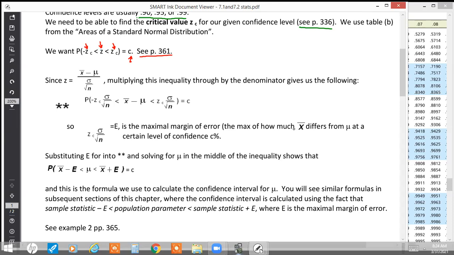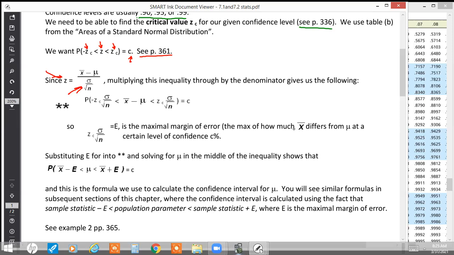Back in chapter 6, we standardized X bar values. X bar from a sample mean, right? We saw that for a sample mean, to convert X bar to a Z value, it's X bar minus mu divided by sigma over the square root of n, not just sigma, right?